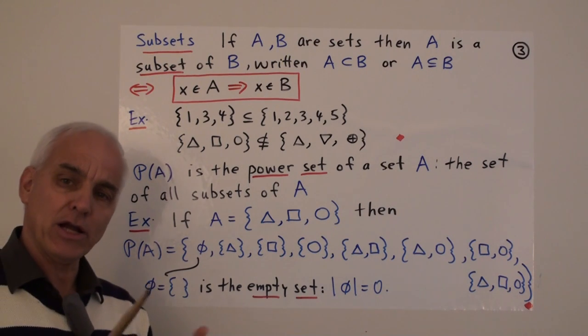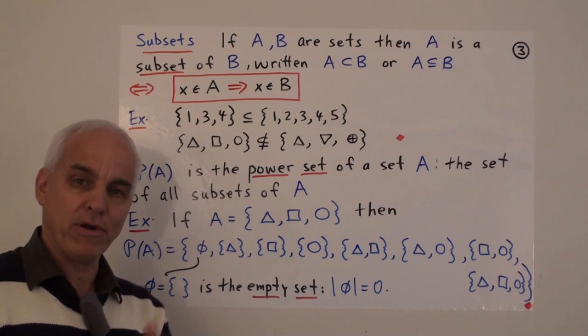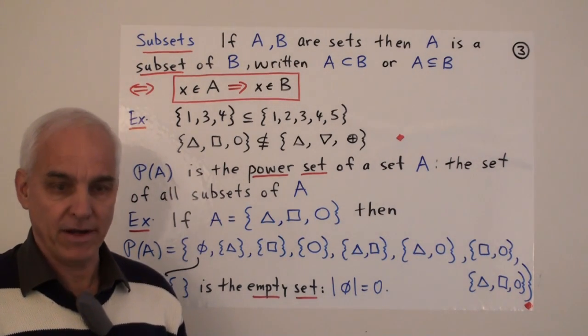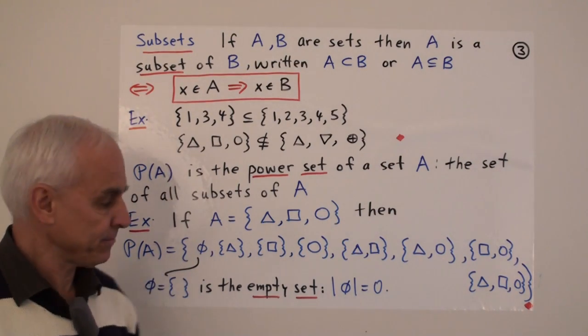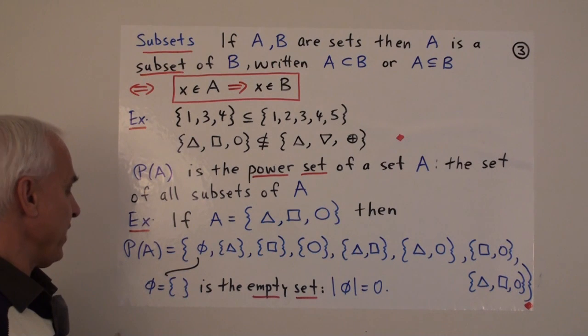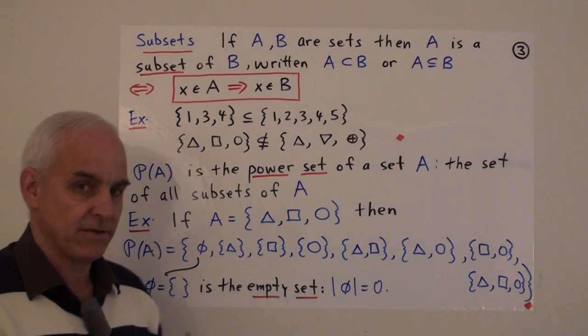It's sort of an analog in the set theory world of the number 0. Number 0 is very important in arithmetic, even though it actually doesn't represent a quantity, except the 0 quantity. Okay, so we have these two different notations for the empty set. They're both used. So the empty set is a subset of A.